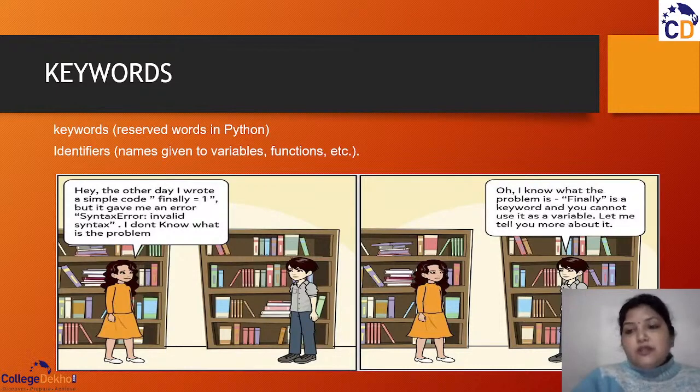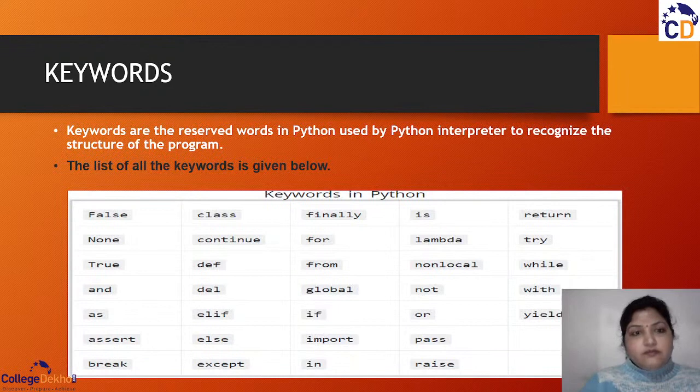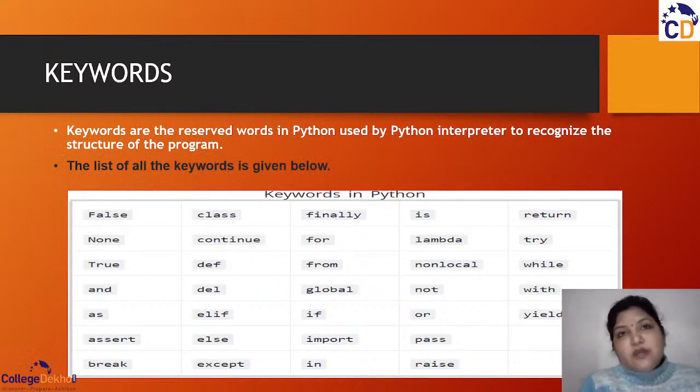How many keywords are there in Python? What are identifiers? What are the rules to define them? Right? So keywords are the reserved words in Python used by the Python interpreter to recognize the structure of the program. There are 33 keywords in Python which are mainly used by most people.